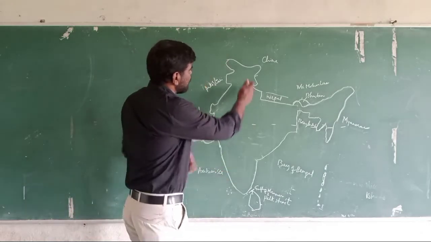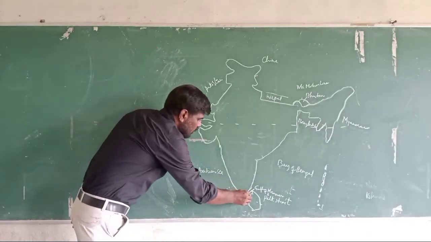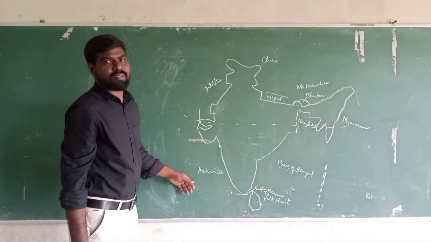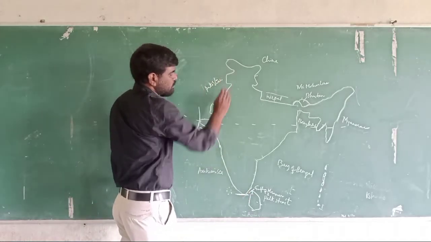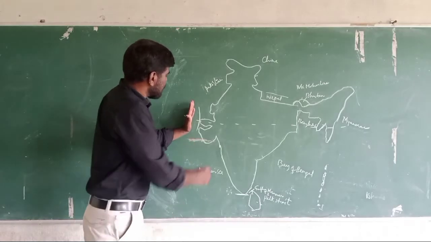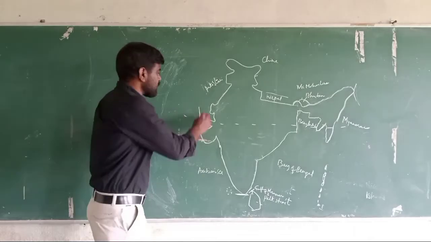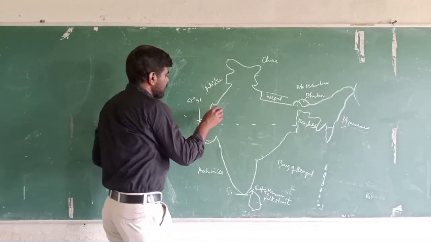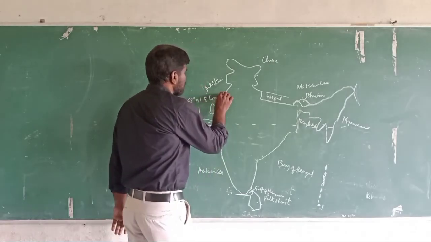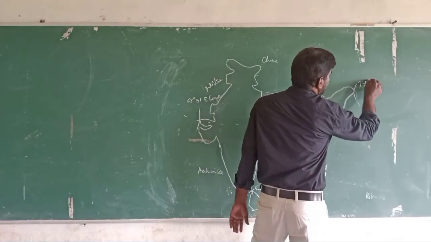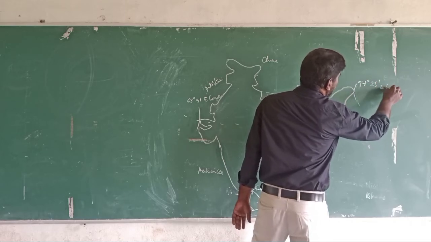India extends from north to south 30 degrees latitudinal extension, and 30 degrees longitudinal extension, that is 68 degrees 7 minutes east longitude and 97 degrees 25 minutes east longitude.